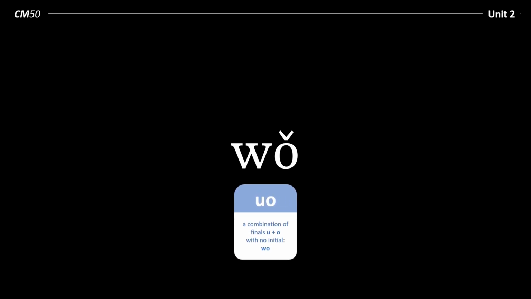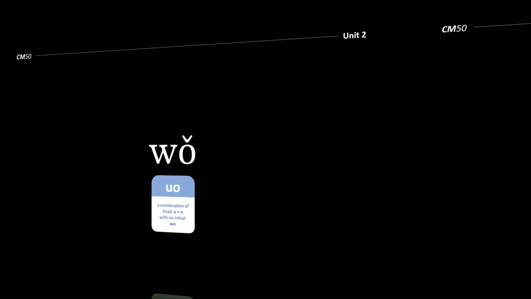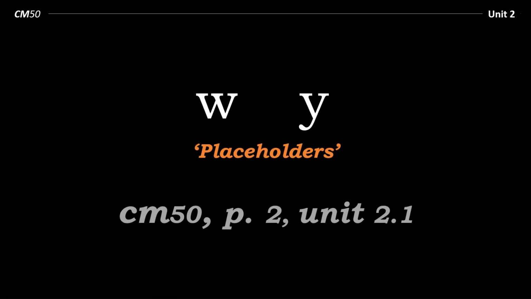It is just the final uo, so its true form is this. It doesn't actually have a real initial. But again, as a visual aid to pronunciation, pinyin adds the w at the beginning. So just remember, whenever you see a word that begins with w or y in Chinese, these are not actually true initials, but rather they are placeholder initials that are there to aid pronunciation.